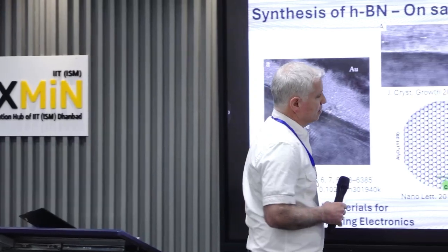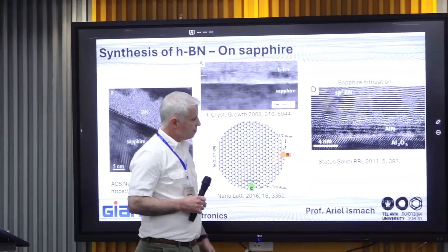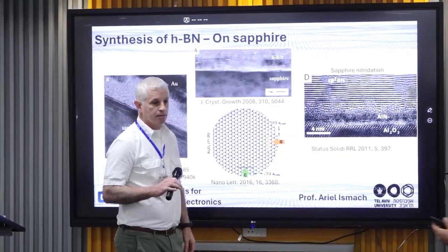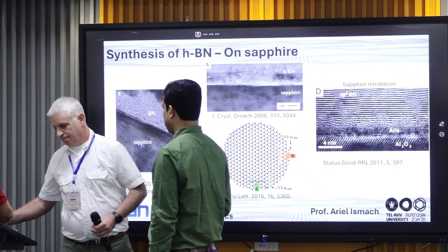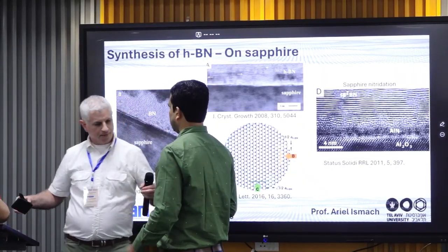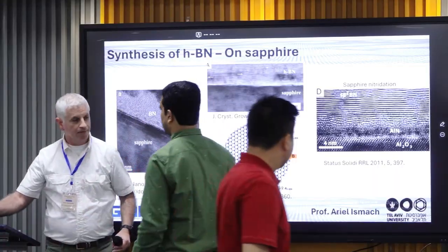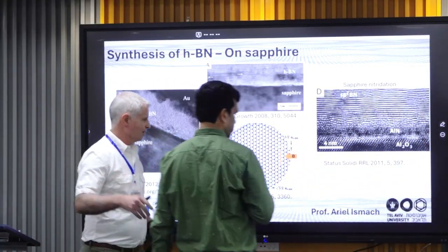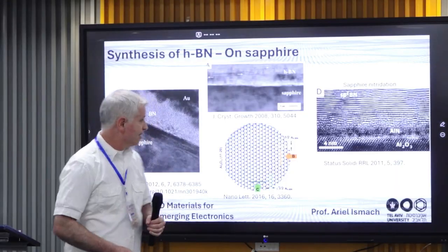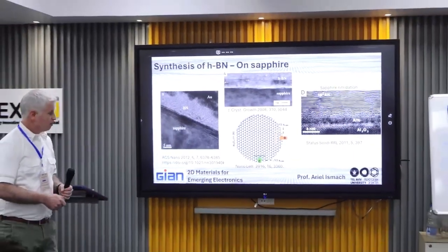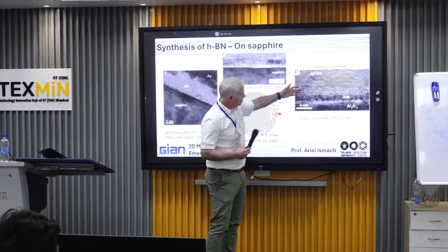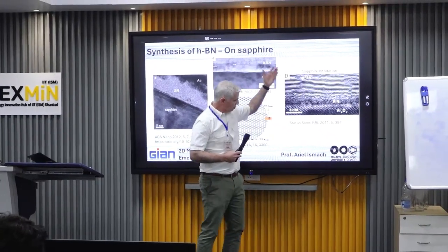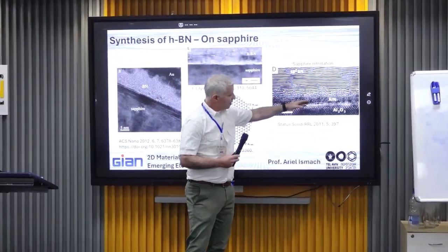Another approach, which is also interesting, is the one shown here. As you can see, we have the hexagonal boron nitride layer, the sapphire, this is a cross-section of course, and we have aluminum nitride.